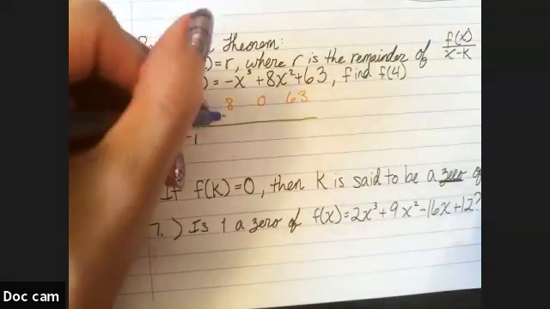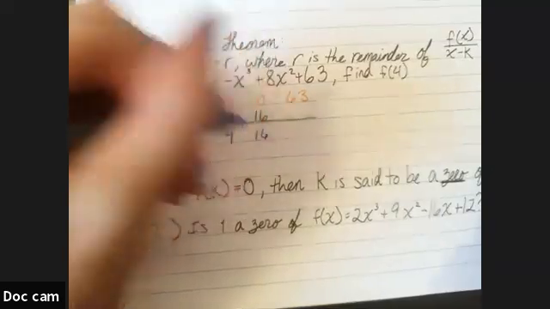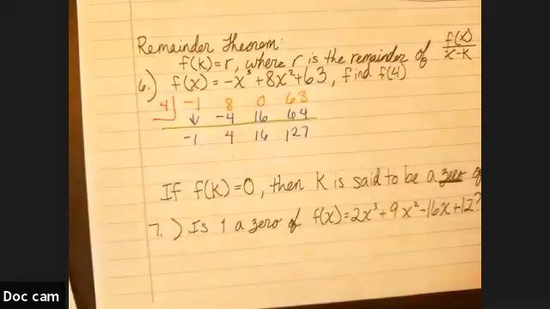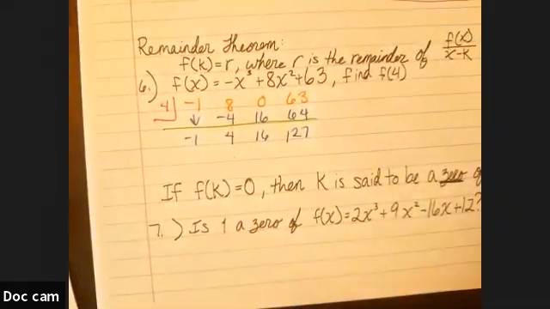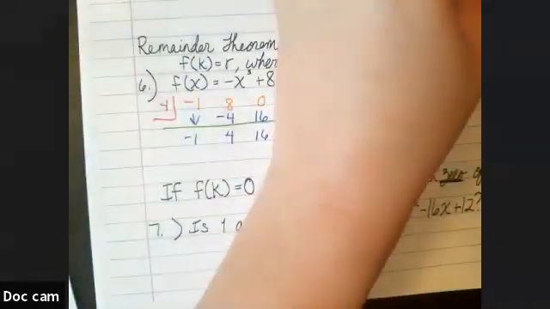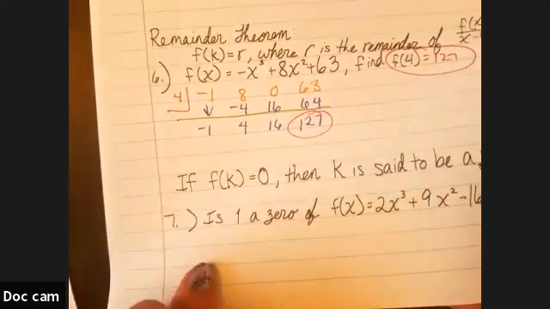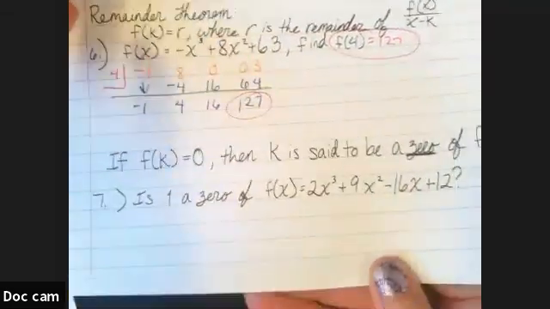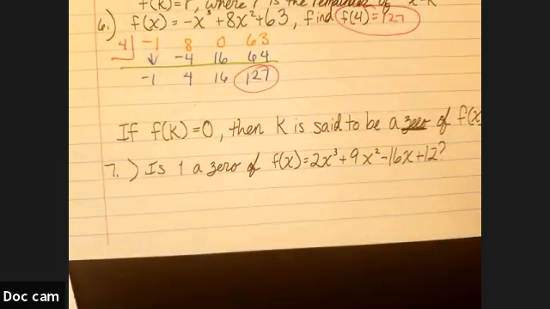So negative 1, negative 4, 4, 16, 16, 64, 127. Okay, so in this case, they're not asking for the quotient, they're basically just asking for the remainder. So f of 4 is equal to 127. That's kind of just a shortcut.